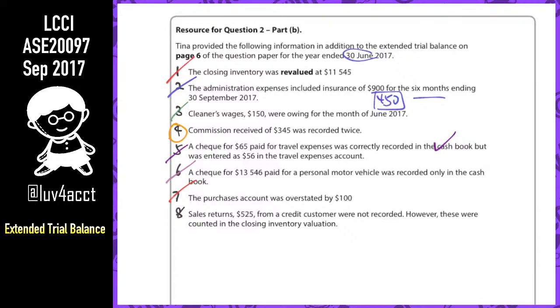If it wants to say that it is recorded twice in the commission received account, then it should have said that commission received of 345 was recorded twice in the commission received account. But if there are no such words following, in the last three words, that means the whole transaction is repeated, duplicated.